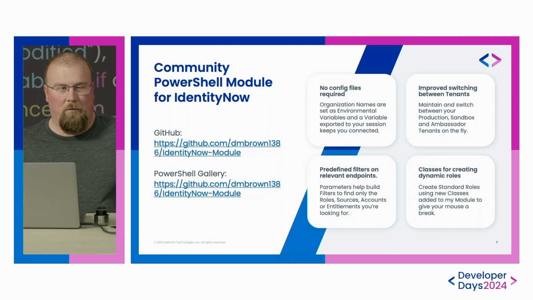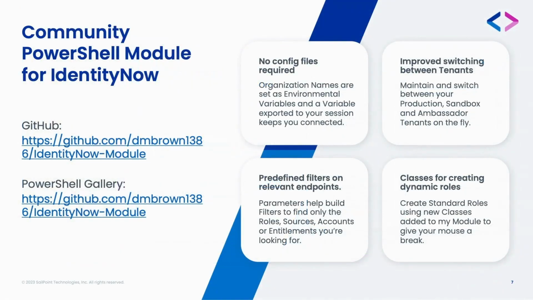I have completely changed the way authentication is stored from last year. While I did support quick and easy switching between production and sandbox tenants, that was done by creating two separate variables. I've now tied everything into a configuration variable, for lack of a better term. So that's where all the settings for your tenants will be stored, which I believe makes switching between tenants even easier.